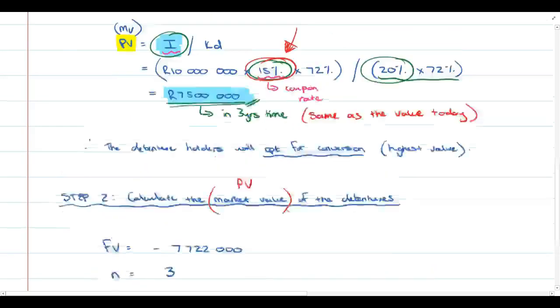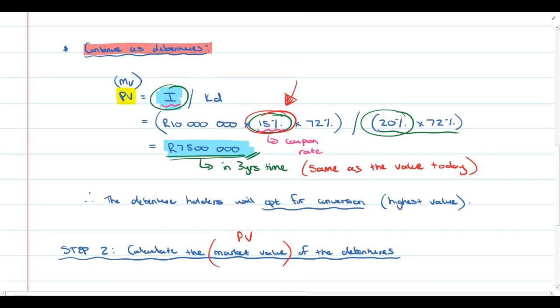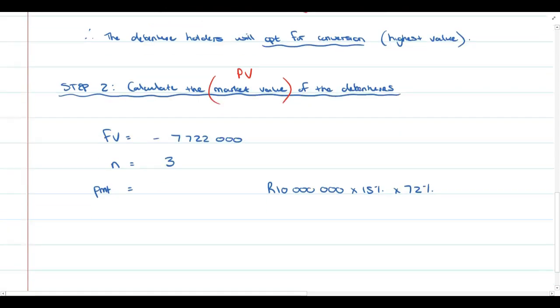So that's exactly the same as the interest calculation that we performed above, because we use the coupon rate to calculate our interest cash flow. All right, so the company pays interest at a rate of 15%. That is always based on the par value of the debentures, and we need the after-tax cash flow.